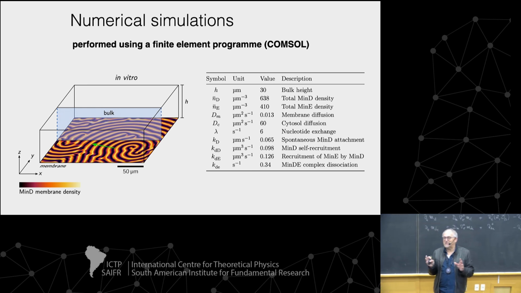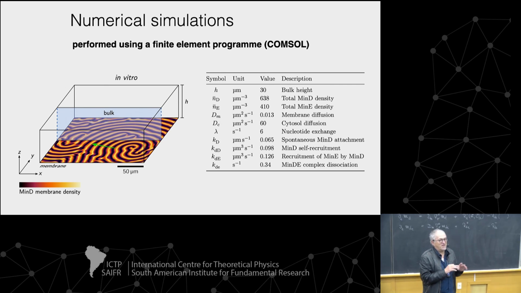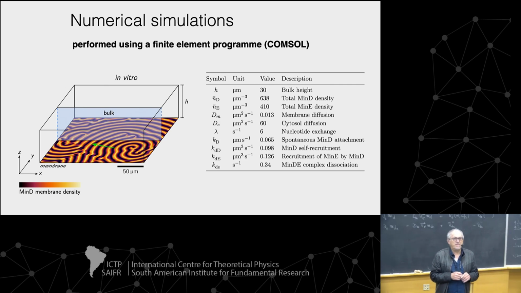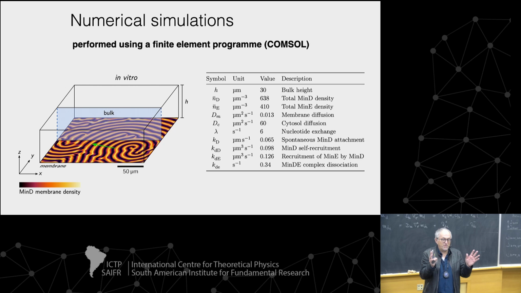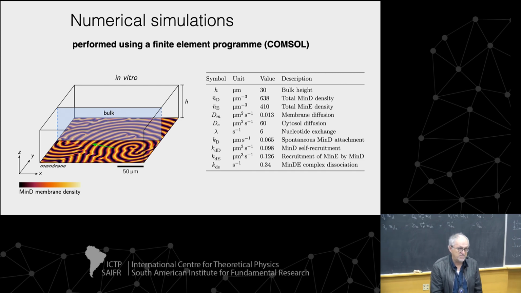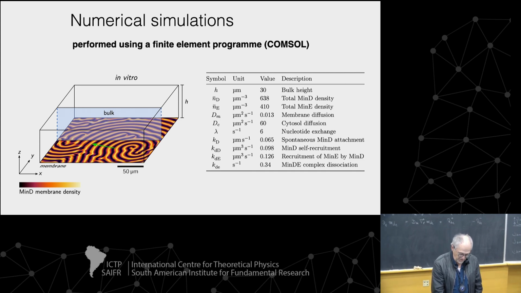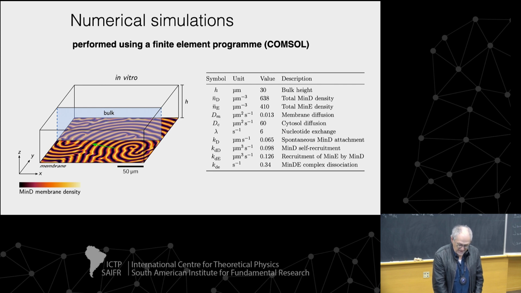If you're really serious about that stuff, you could do mass spec to measure this in glorious detail. Thanks for mentioning all this. These are critical experimental questions if you want to be quantitative, and they play a role when I come to the in vivo system later on. There people went to great lengths to really measure the number of MinD proteins and MinE proteins on the membrane.